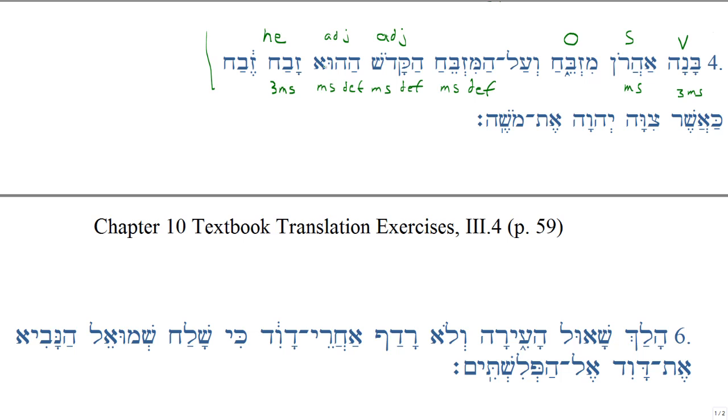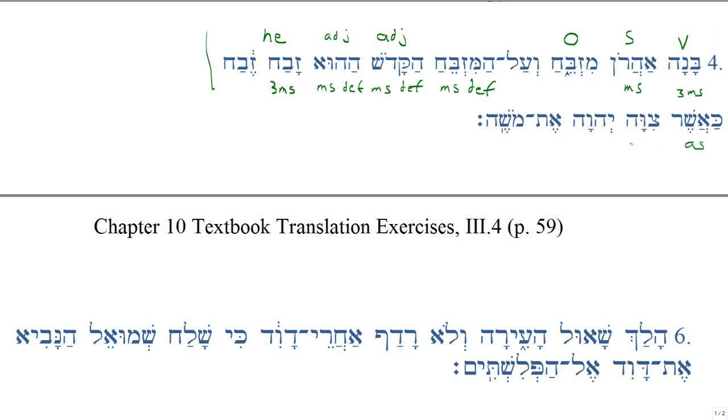Let's read the sentence up to here now. Aaron built an altar, and on that holy altar he sacrificed a sacrifice. And then the last part here, Ka'asher tzava Adonai. Ka'asher is just our word for as. And then we have tzava.